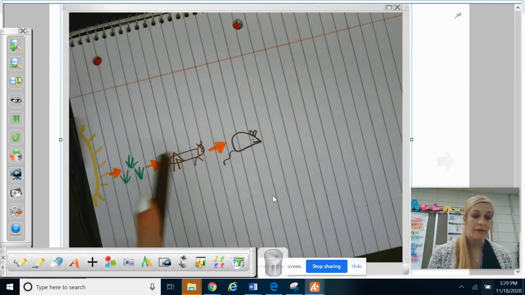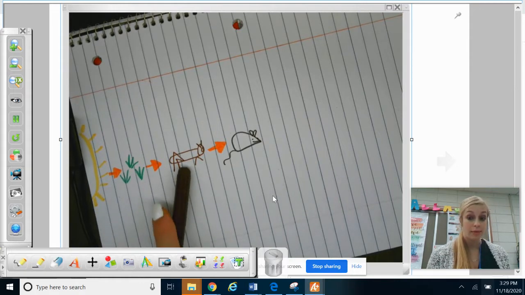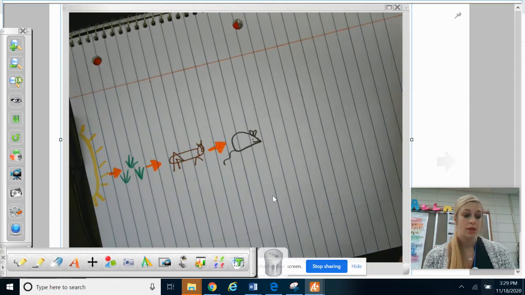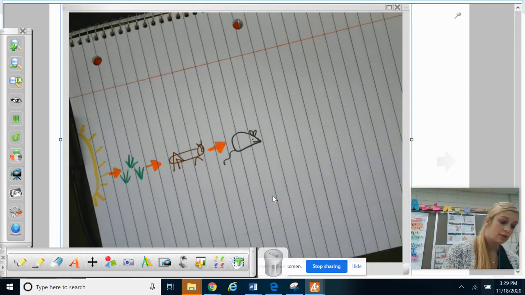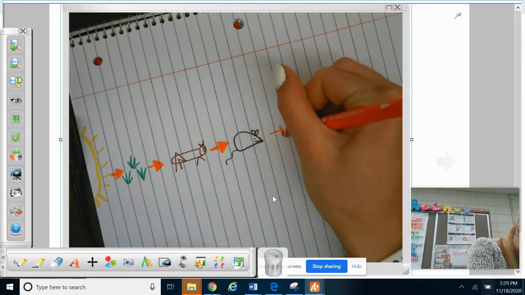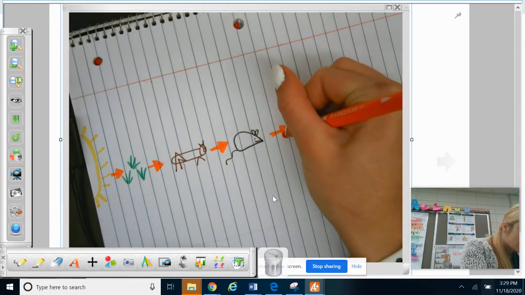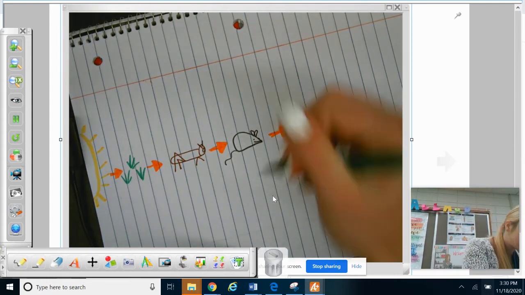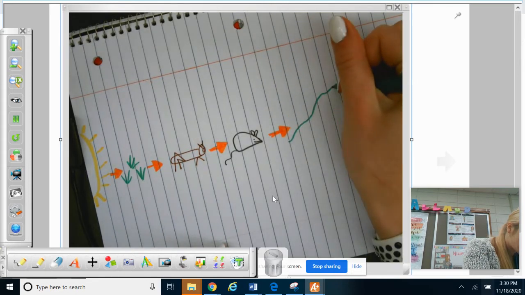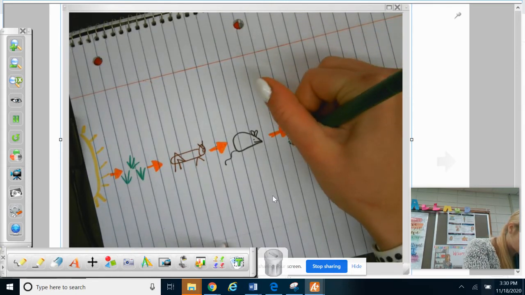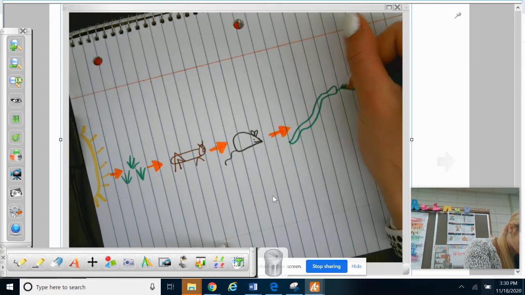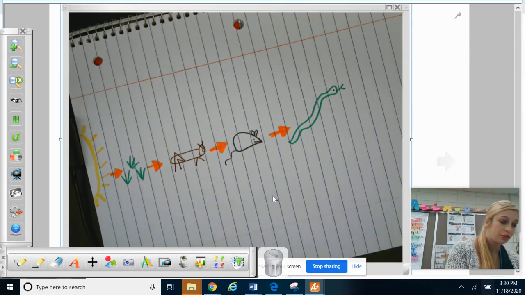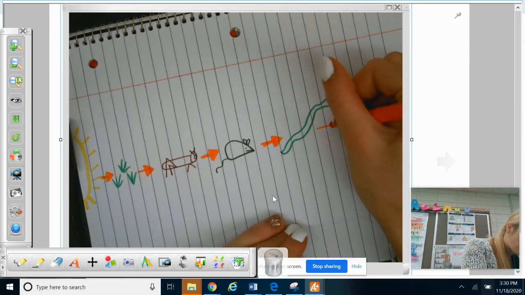So this mouse is going to have to eat a lot of grasshoppers to get the same amount of energy that the grasshopper gets from a little bit of grass. So then next, we are going to have a snake.